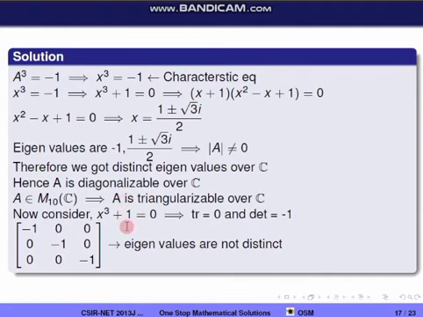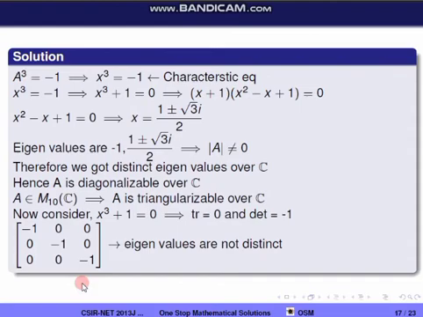So I am finding such a matrix so that trace is equal to 0 and determinant is minus 1. I found that matrix. Here the eigenvalues are not distinct because the eigenvalues are the diagonal elements for the diagonal matrix. So it is not necessary that if A cube equals minus 1, the eigenvalues are distinct.